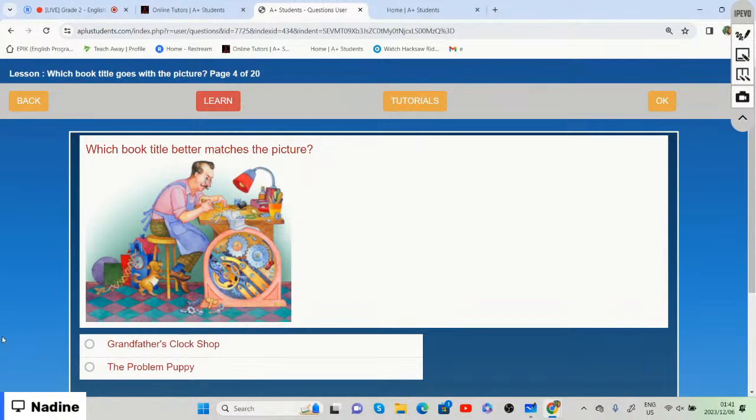So we need to basically match the correct picture with its titles. Is it the first one, which is grandfather's clock shop, or the second option where we say the problem puppy?